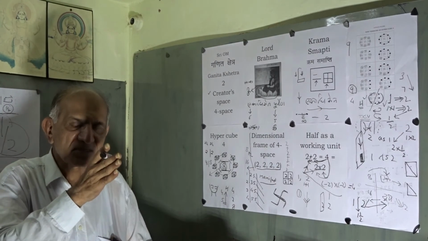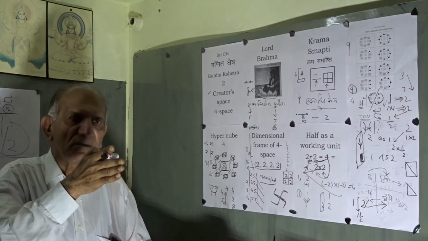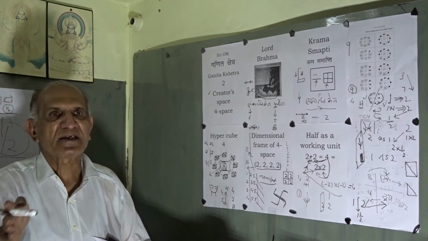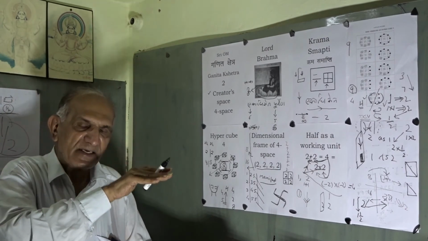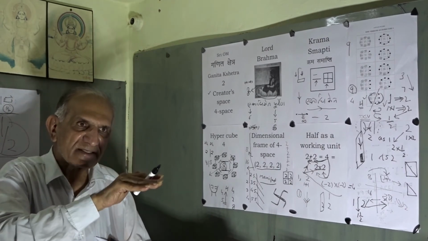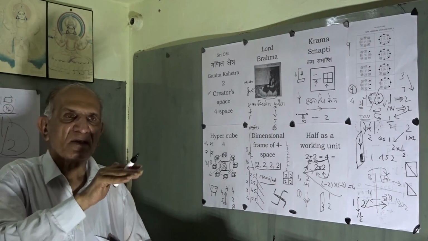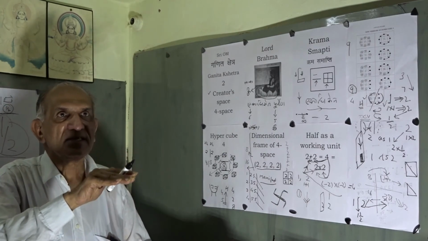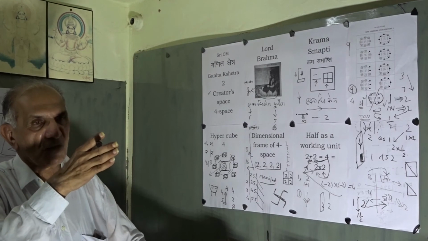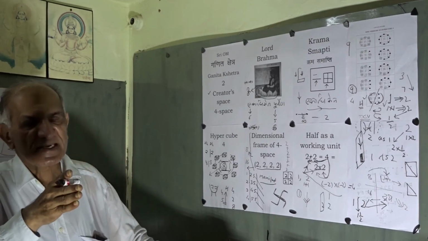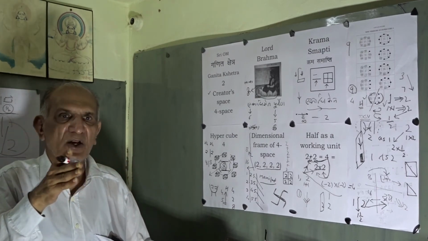Vedic systems in fact begin with 4 space. So Vedic mathematics is the mathematics of the creators of space. Creators of space is a 4 space. 4 space is a space of a spatial dimensional order.